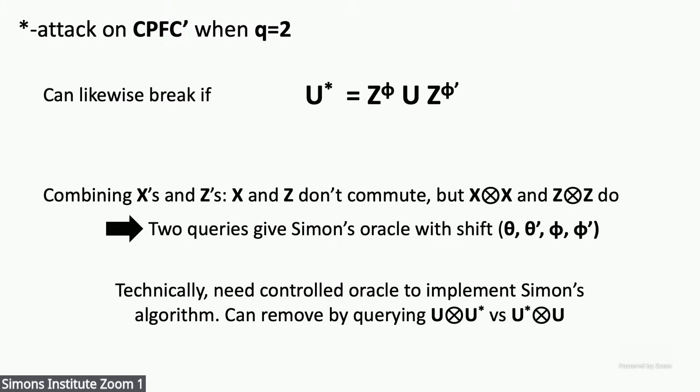Basically, instead of controlled being whether you evaluate U or whether you don't evaluate it, you can just always evaluate U star, and just switch which state you apply it to. And then you don't need control. So anyway, when the phase is binary, their construction is not star secure. I don't know if it's star secure when they move to higher arity in their phase unitary. It might be, might not be. I'm not sure.